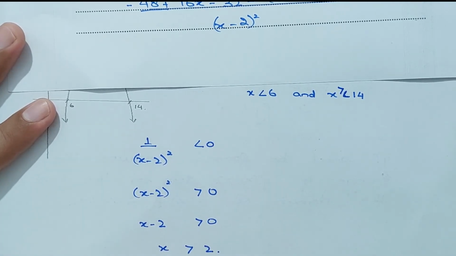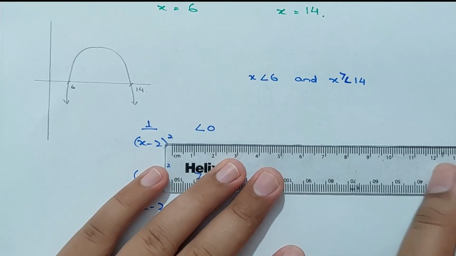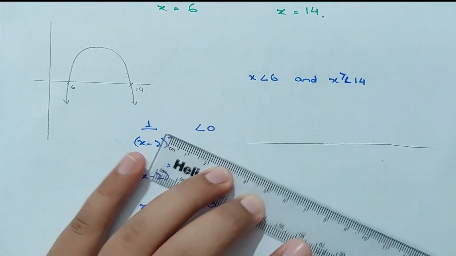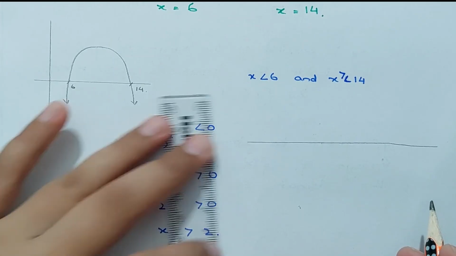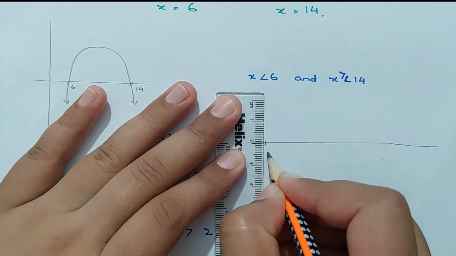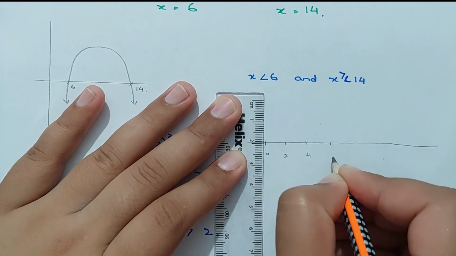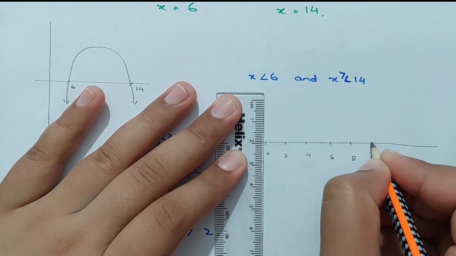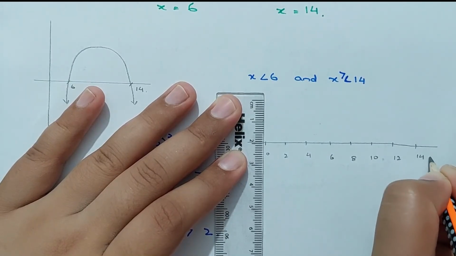Now we have to check the solution. Let me draw the number line and show you the solution. This is the number line, and we have 2, 6 and 14. I start from 0 over here: 0, 2, 4, 6, 8, 10, 12, 14 and so on.